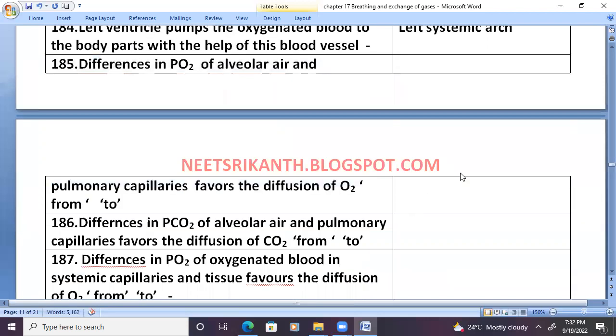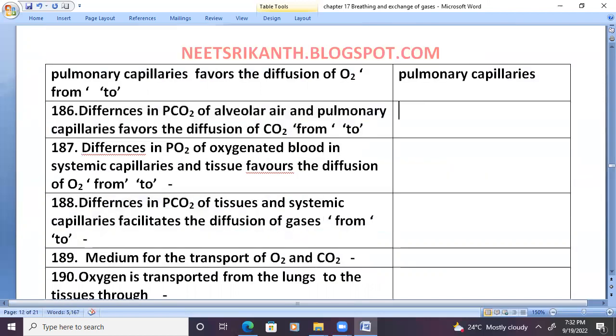Differences in the PO2 of alveolar air and pulmonary capillaries favor the diffusion of oxygen from alveoli to pulmonary capillaries. Differences in PCO2, the partial pressure of carbon dioxide, of alveolar air and pulmonary capillaries favor the diffusion of carbon dioxide from pulmonary capillaries to alveoli.